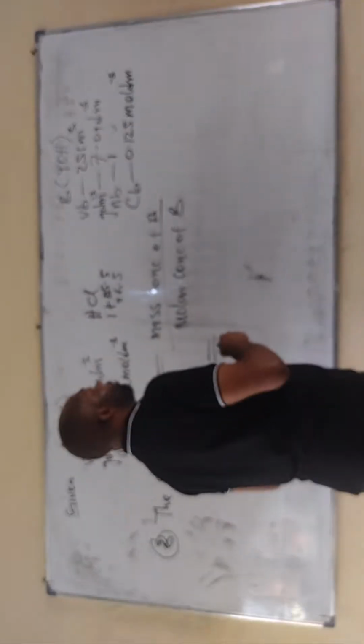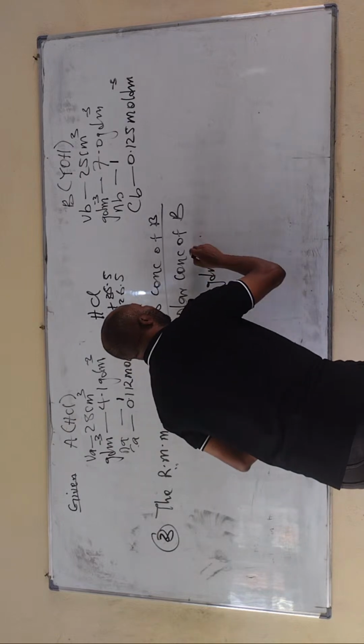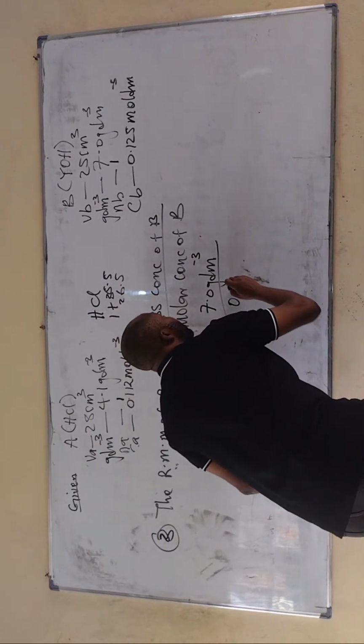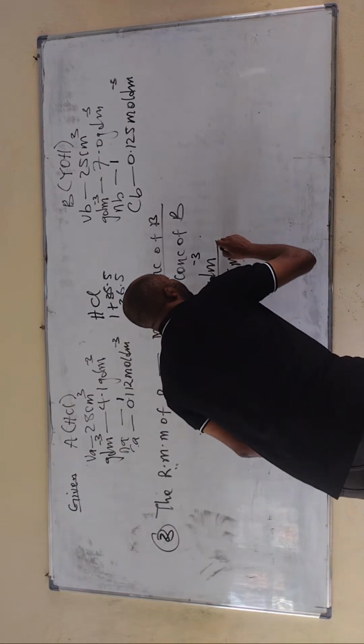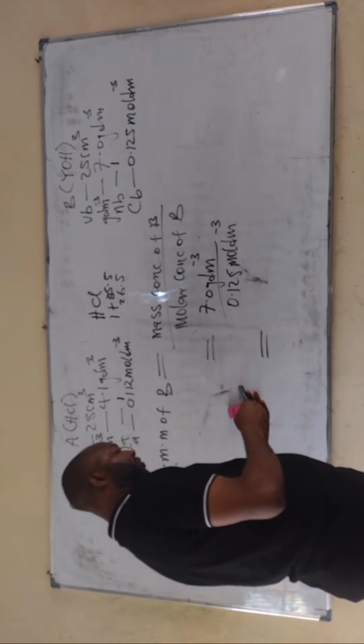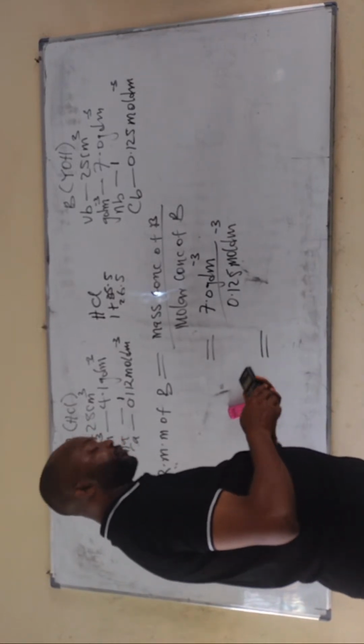The mass conc of B is 7.0 g/dm³, while the molar conc is 0.125 mole per dm³. And this will be 7 divided by 0.125, which is 56.